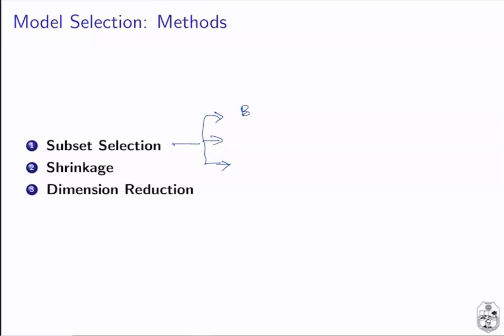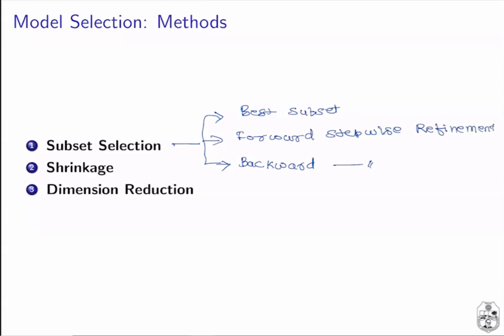One is the best subset selection. The second one was the forward stepwise refinement, and the third one was the backward stepwise refinement. So these are the three different methods that I explained in my previous video for model selection.